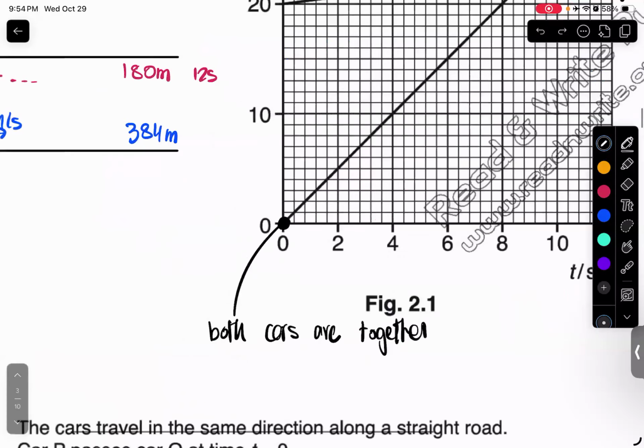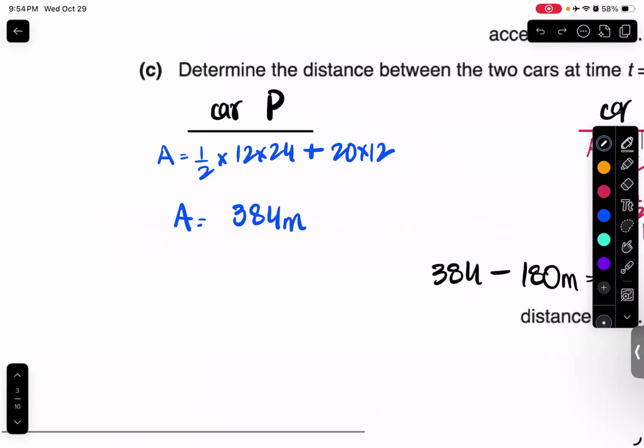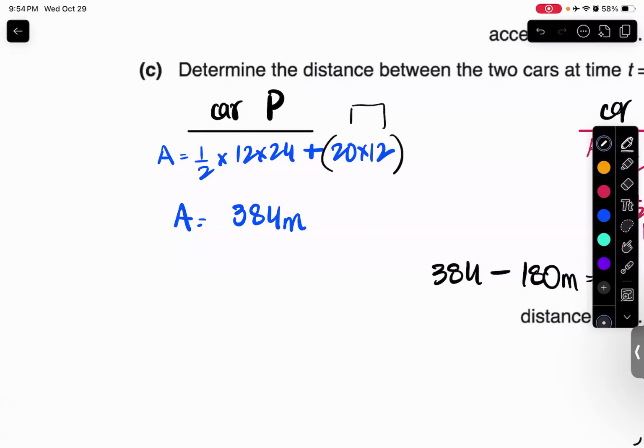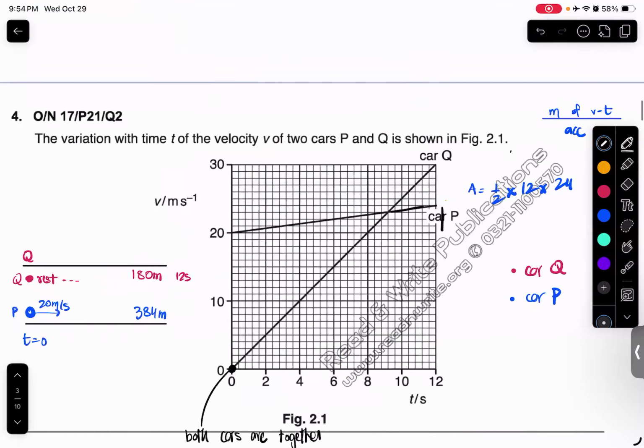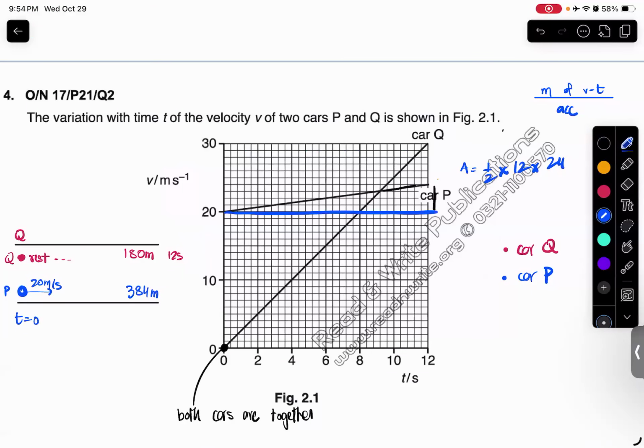So for calculating the area, this was for the rectangle and this was for the triangle, right? Basically, I'm trying to calculate the area under the graph of P. Now for P, this is a trapezium. I can divide it into a triangle and a rectangle.